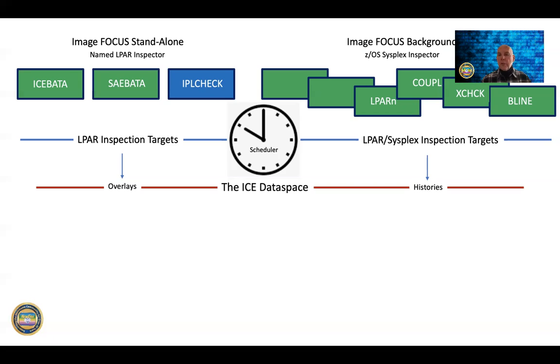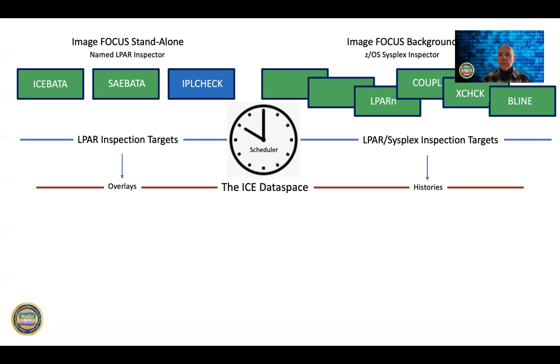However it is that you define these inspectors, realize that the standalone inspectors, when they produce their inspection reports, they are stored in the ICE data space, but as overlays, as I like to call them, because there's only one copy. At the end of the day, when a new inspection report is created, it overlays the prior one for that specific image.